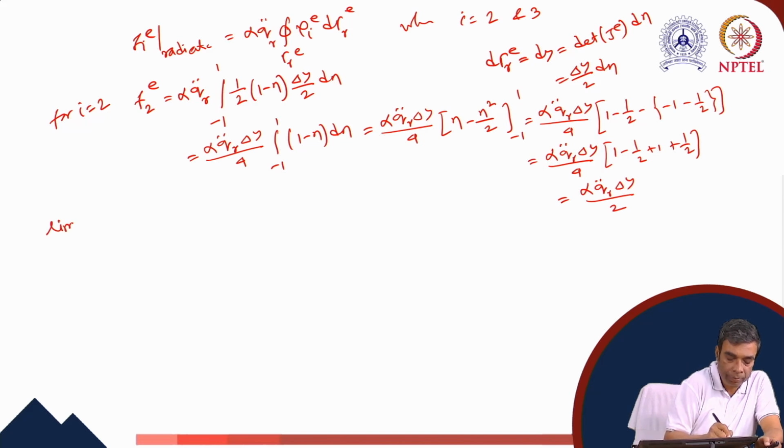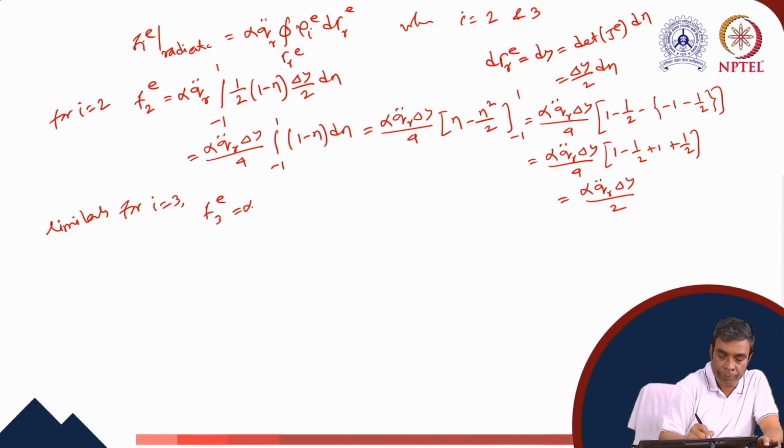Similarly, for i equals 3, F3e equals alpha q_r double dot integration from minus 1 to 1 of half of 1 plus eta times delta y by 2 d eta.